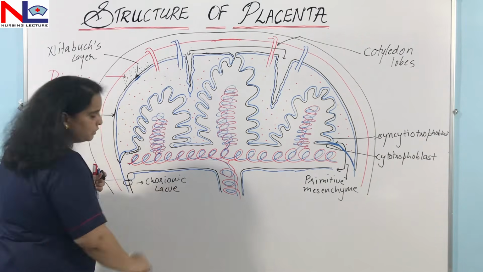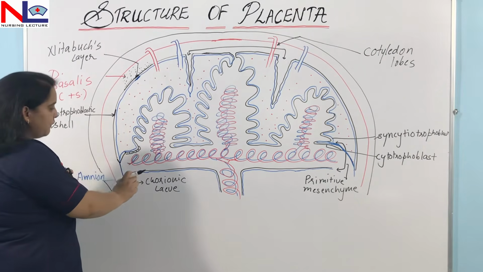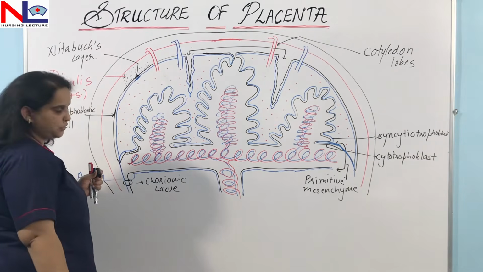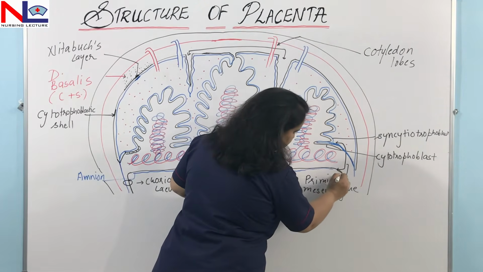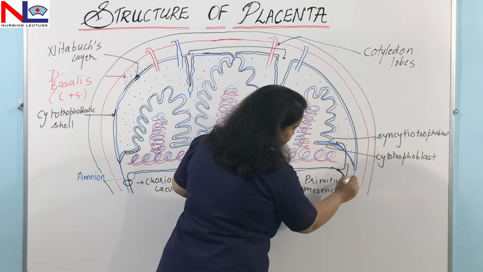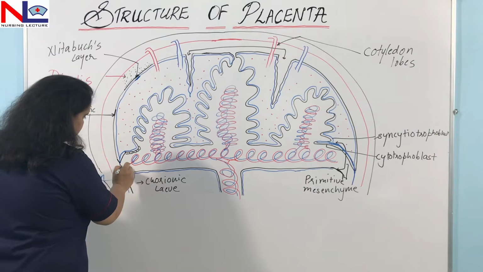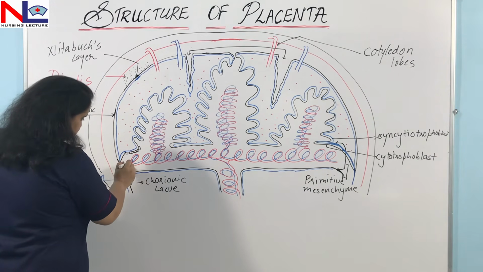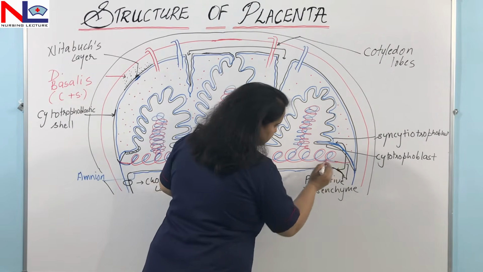So what is forming? Chorionic leaf. That is the fusion of the trophoblastic layer as well as the mesenchymal tissues. So here also we'll see this is the fusion, and the vessels are also attached with this lining. Here it is.